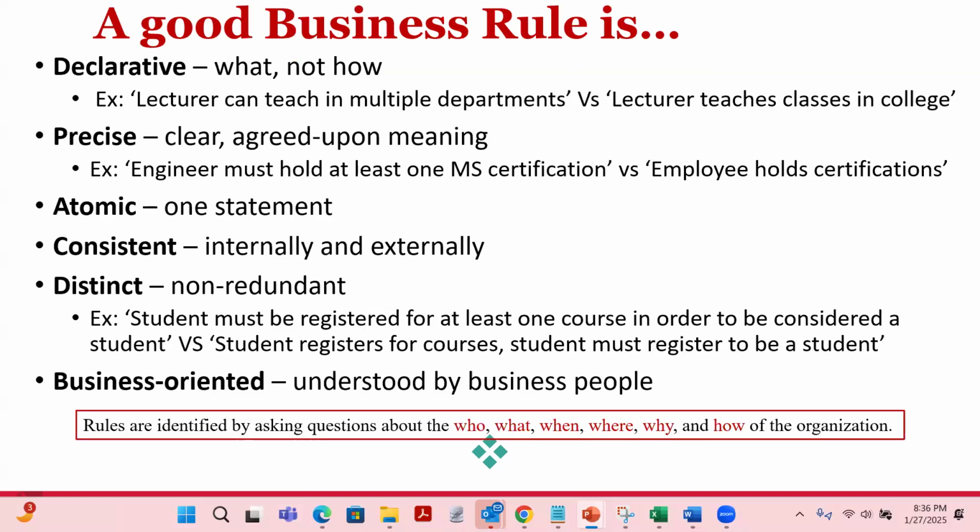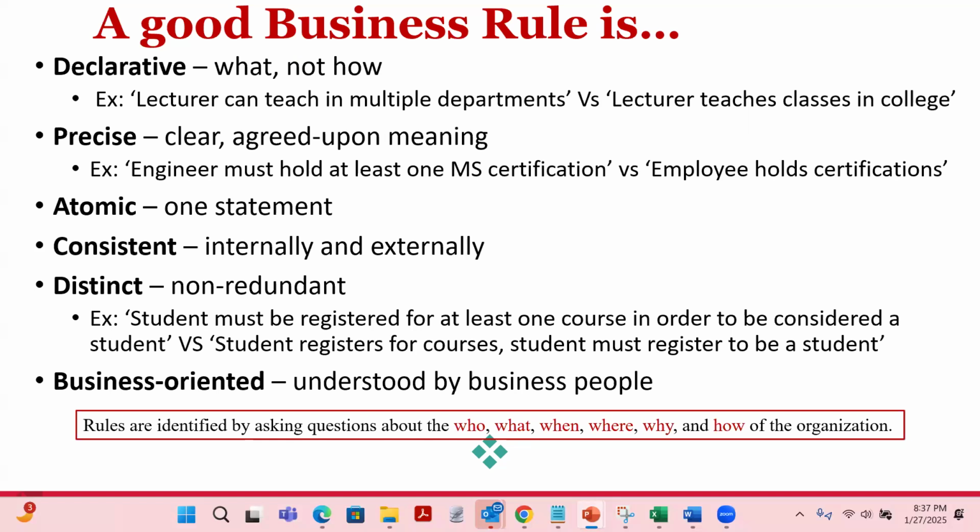When it comes to business rules, here is a description of a good business rule. A good business rule must be declarative. It must tell you what, not how, of the organization. So, for example, a lecturer can teach in multiple departments versus a lecturer teaches classes in college. The second one doesn't give us much meaning and doesn't allow us to create a relationship between lecturers and other entities.